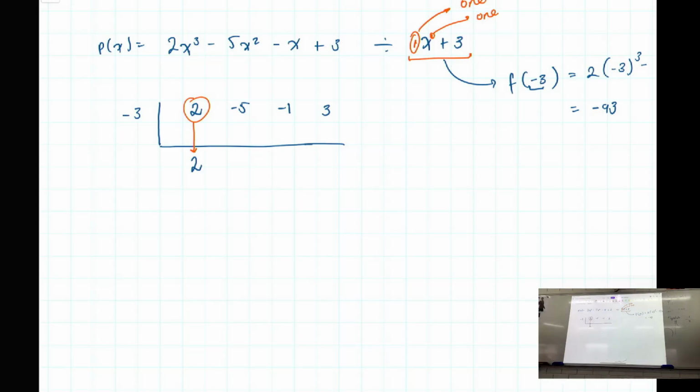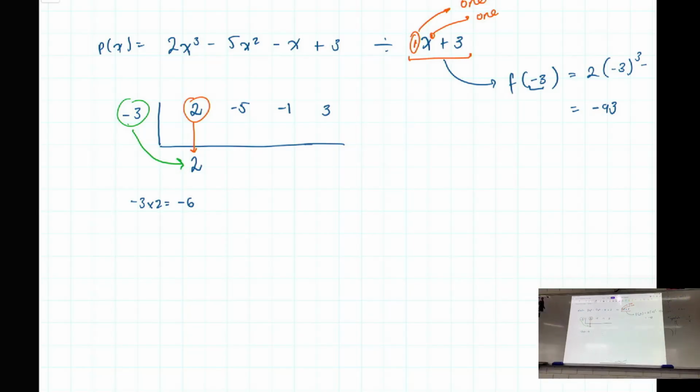Okay? Drag it down. And then the next step, I'm going to take this value and multiply with the one that I dragged down first. What is -3 times 2? -6.